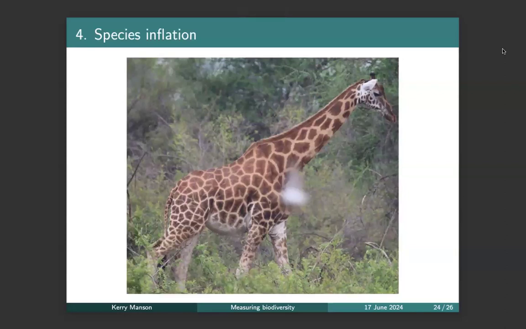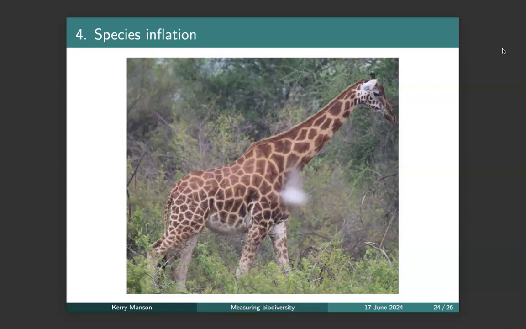And in a kind of related fashion, I want to talk about what's called species inflation by some people. So here's a picture of a giraffe. Giraffes used to be one species, and now I think they're 4 or possibly more, when subspecies were promoted to species level.